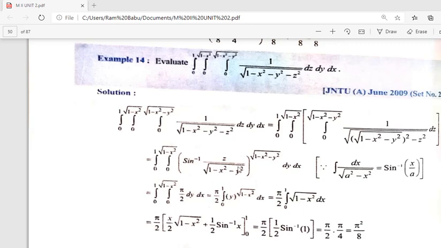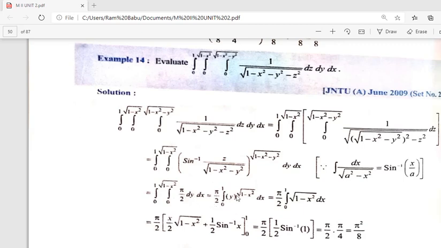Okay, therefore we have integral with the limit 0 to 1, integral with the limits 0 to root of 1 minus x square, sin inverse of 1 value is pi by 2 minus sin inverse of 0 value is 0. Therefore pi by 2 dy dx is equal to, here pi by 2 is constant, therefore take it to the outside of the integral.